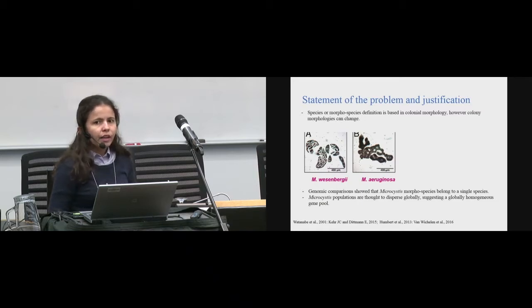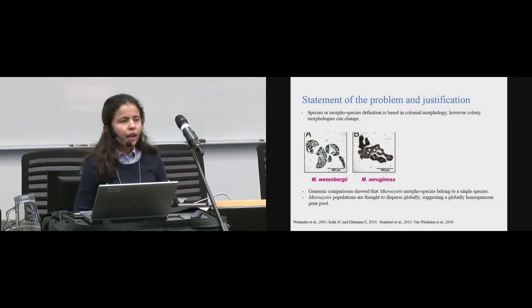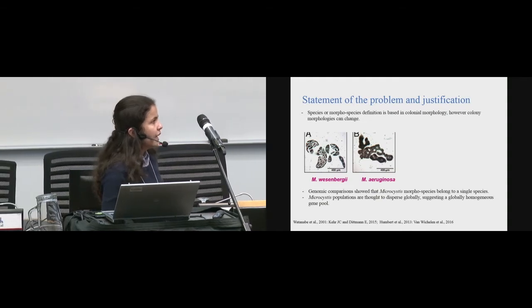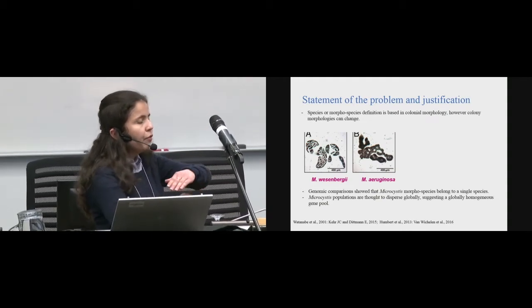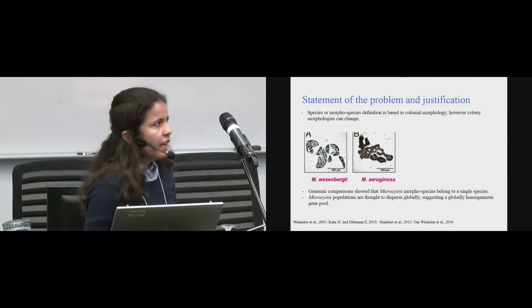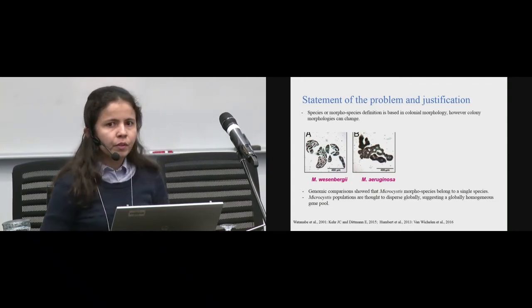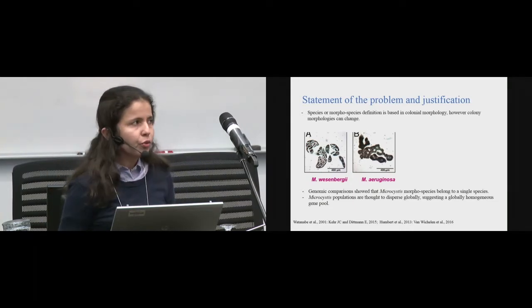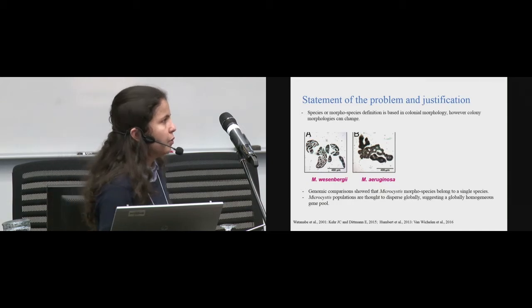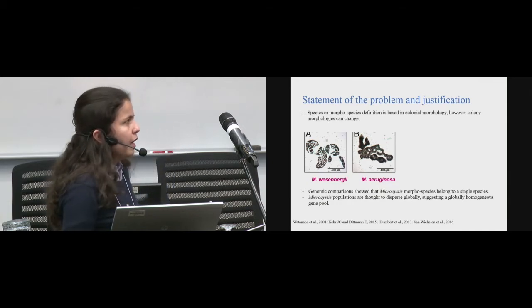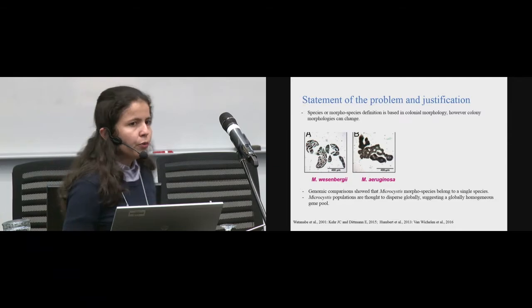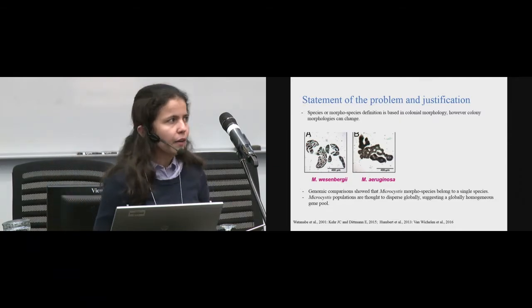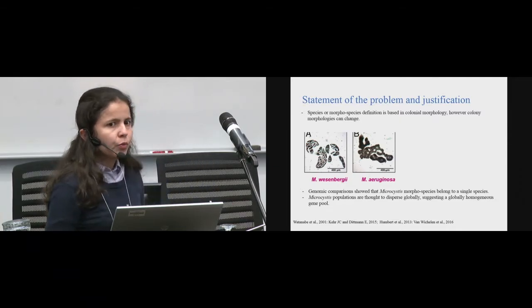For example, DNA-DNA hybridization found more than 70% DNA reassociation, showing Microcystis as a single species. Additionally, Microcystis populations are thought to be dispersed everywhere with a homogeneous pool of genes.